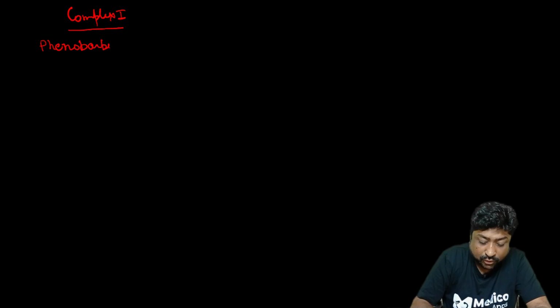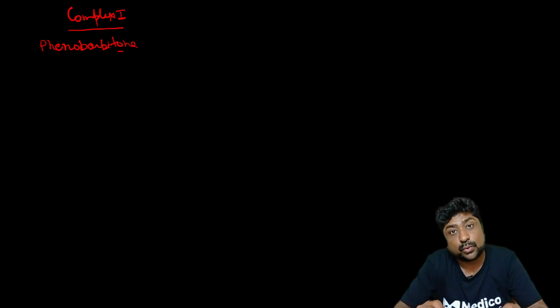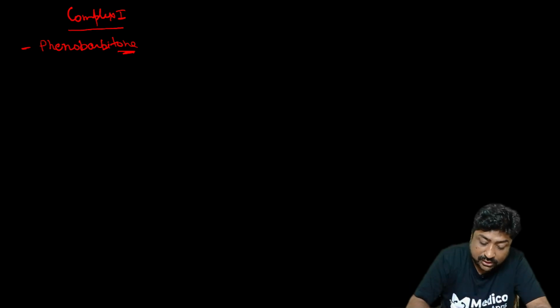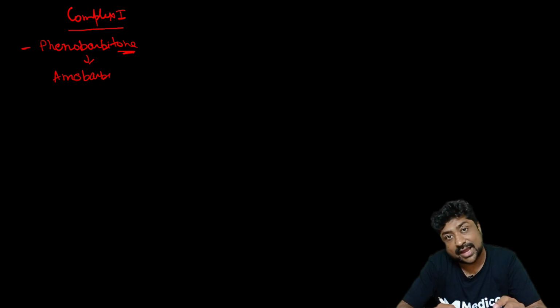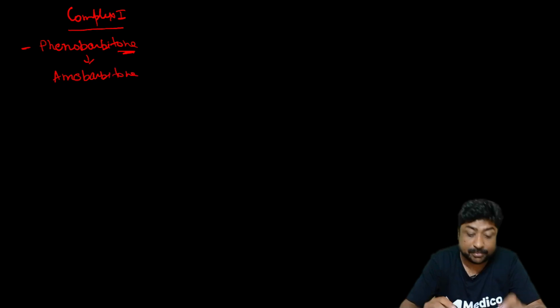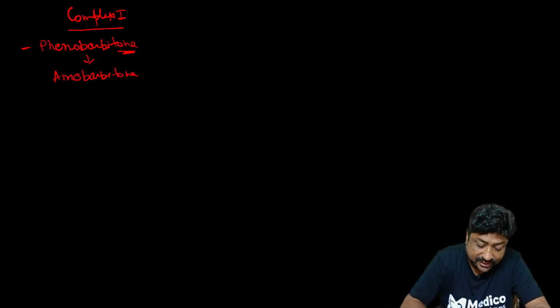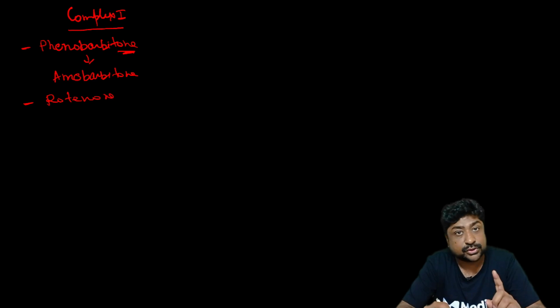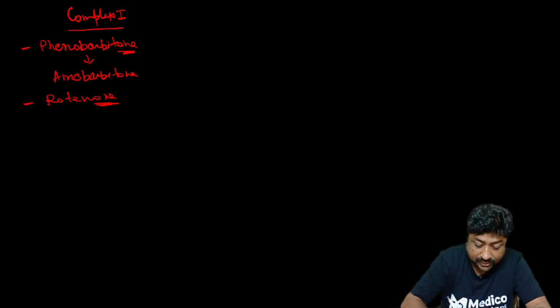You see, phenobarbital has ONE in it, so it is a complex 1 inhibitor. Also another barbiturate which you will remember is amobarbitone or amobarbital. Again, it has ONE in it, so it's a complex 1 inhibitor. The second is rotenone. Rotenone, again ONE, so it's a complex 1 inhibitor.